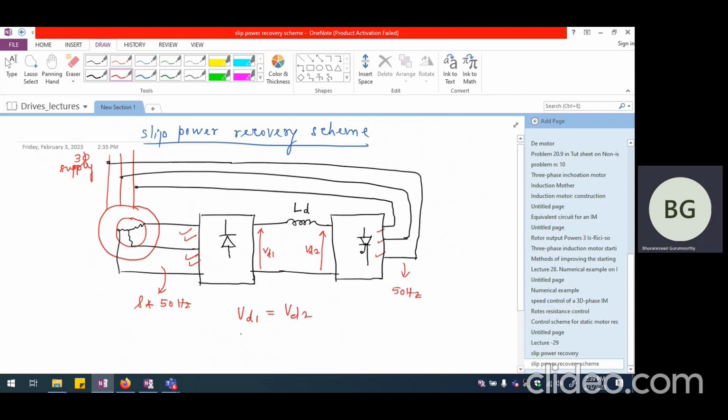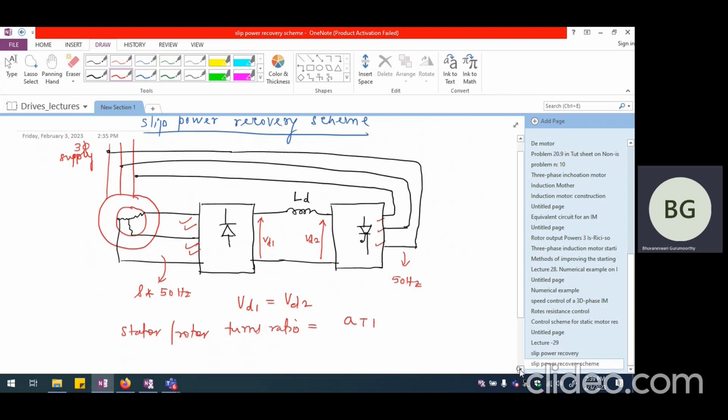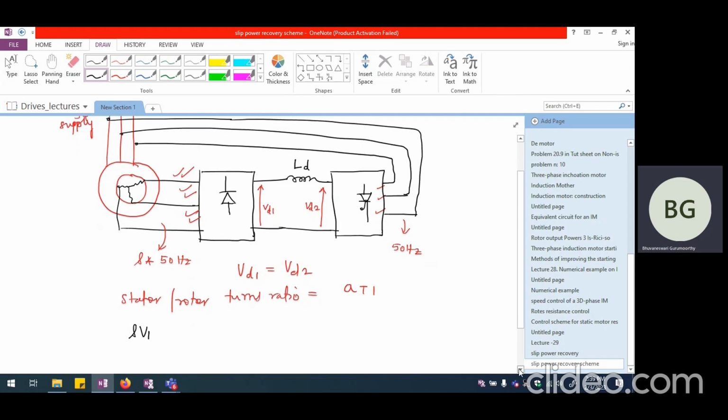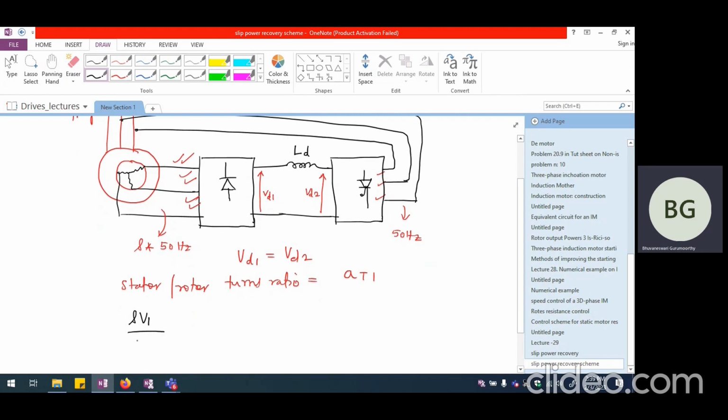So if we say that stator to rotor turns ratio is some AT1, I'm going to call that AT1, then I should be able to write the voltage that comes out here as S times V1, which is slip times the stator side voltage, divided by AT1.